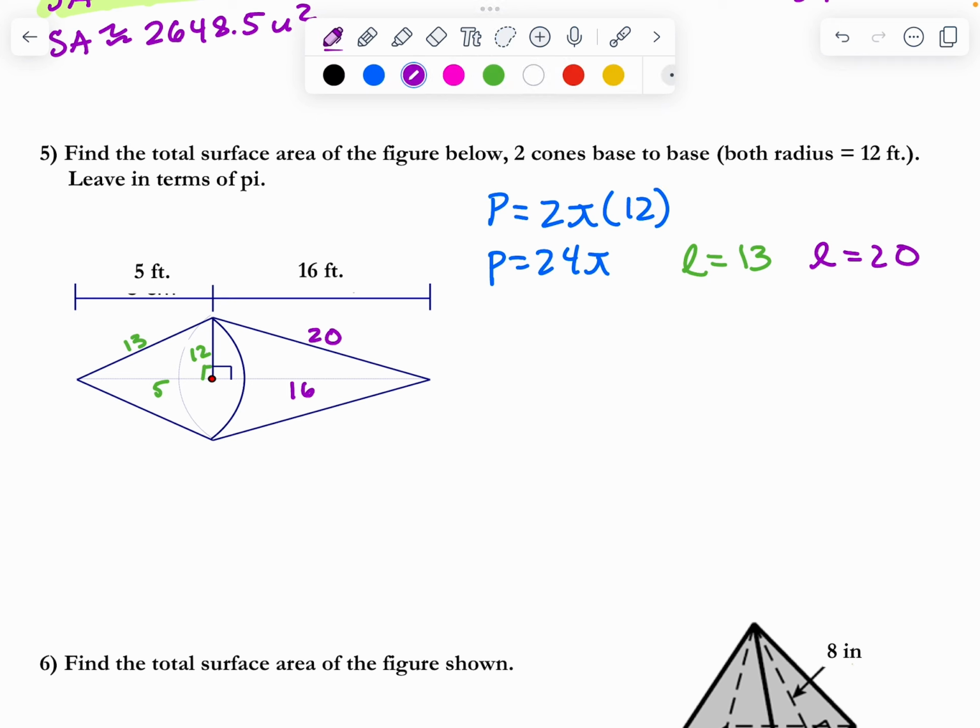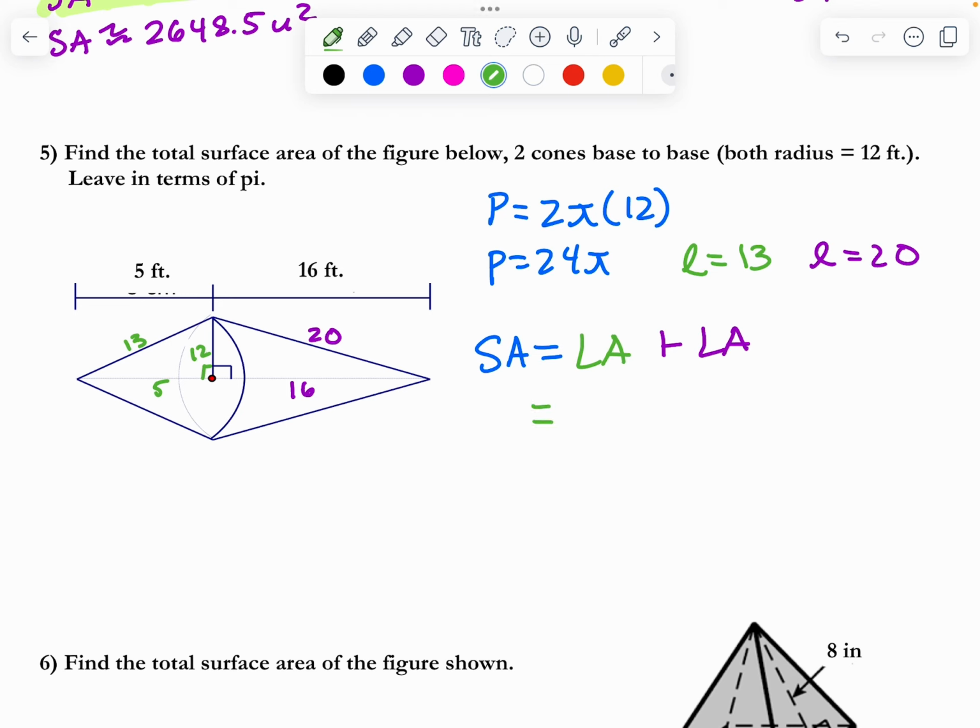Now let's find my surface area. My surface area is going to be the lateral area of the left, the green, plus the lateral area of the right, the purple. So let's stay in blue. Surface area is equal to the lateral area of the green plus the lateral area of the purple. Back to green.